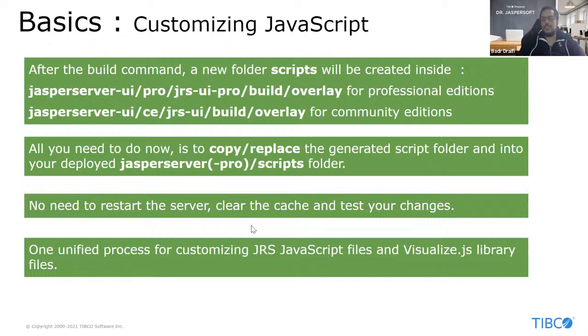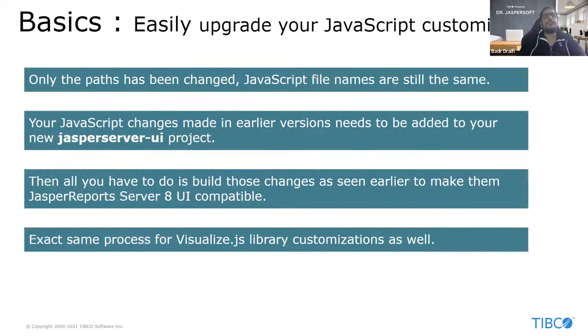When it comes to upgrade, you can easily upgrade your JavaScript customization in 8. So if you're coming from a pre-8 version and you have your own JavaScript features, or some updates or changes, you need to know that only the path has changed.